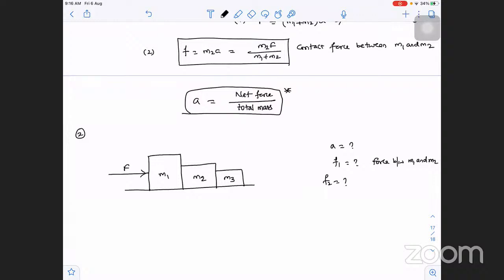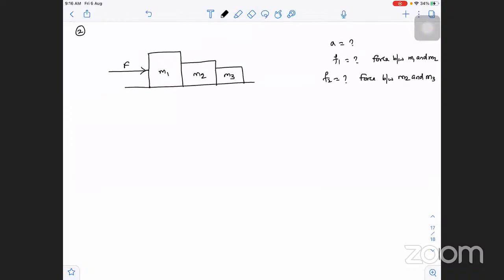Next, find the force between M2 and M3, the f2 value also, the contact force between M2 and M3. So now solve for three blocks.